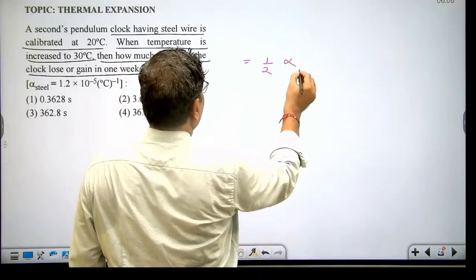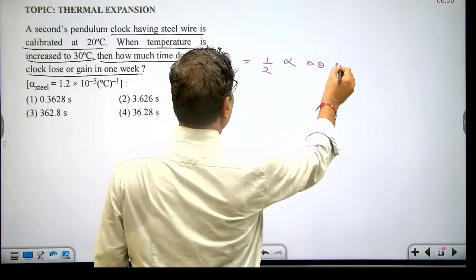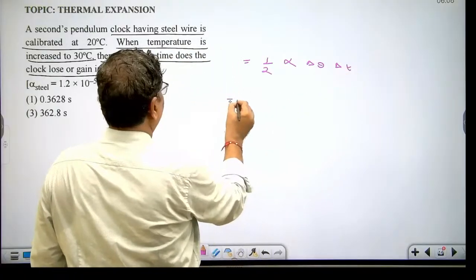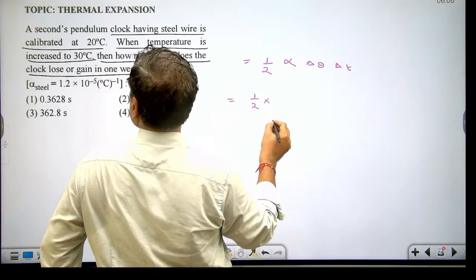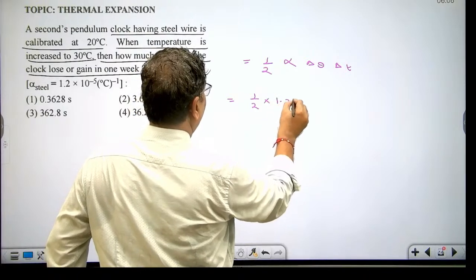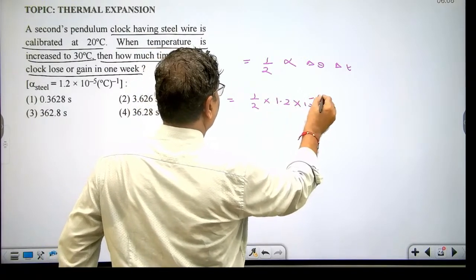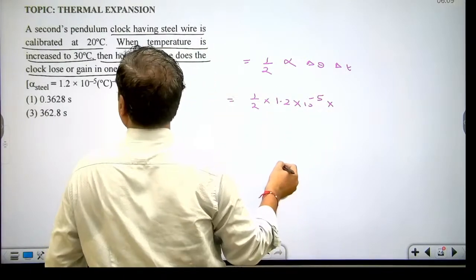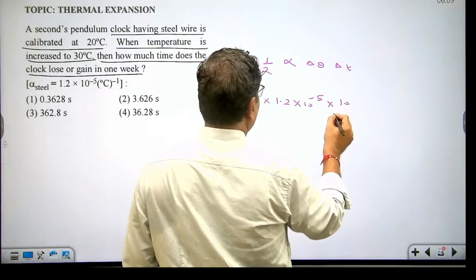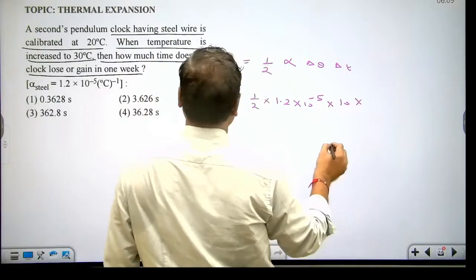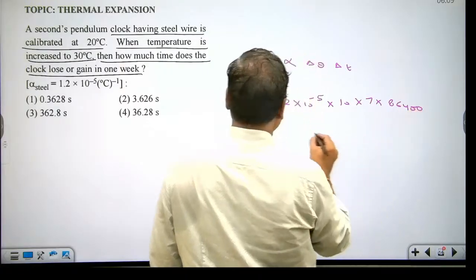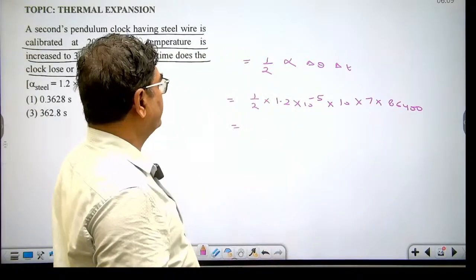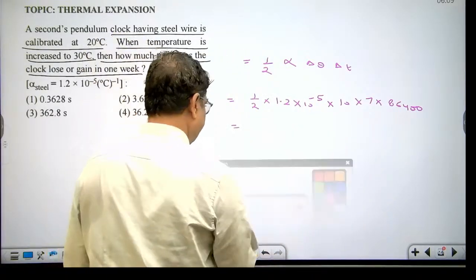Because temperature increases, it will lose time: half alpha delta theta into delta t. Alpha is given as 1.2 into 10 power minus 5. Delta theta, the increase in temperature, is 30 minus 20, which is 10. And 1 week means 7 days, 1 day equals 86,400 seconds.